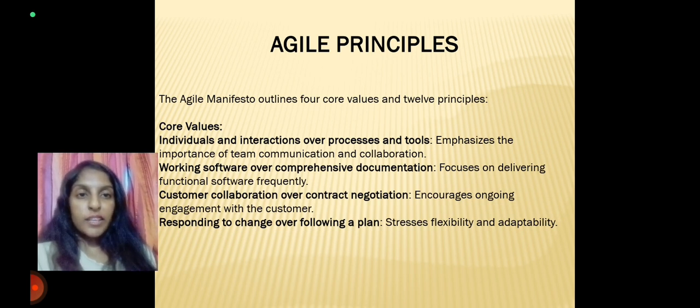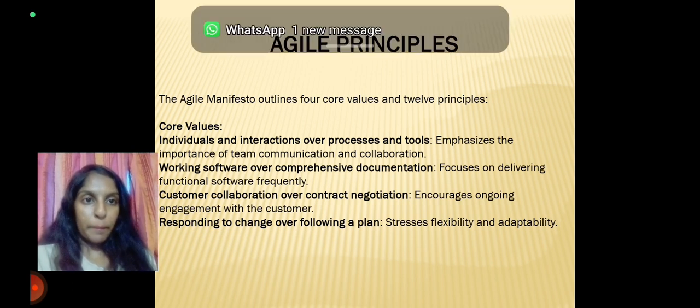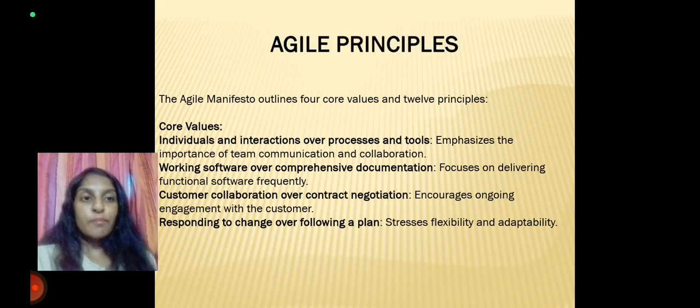Working software over comprehensive documentation, which focuses on delivering functional software frequently. Customer collaboration over contract negotiation, which encourages ongoing engagement with the customer. Responding to change over following a plan, which stresses flexibility and adaptation.